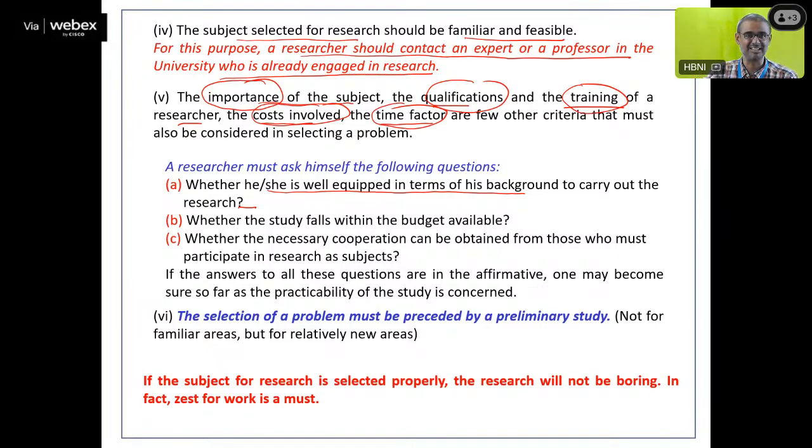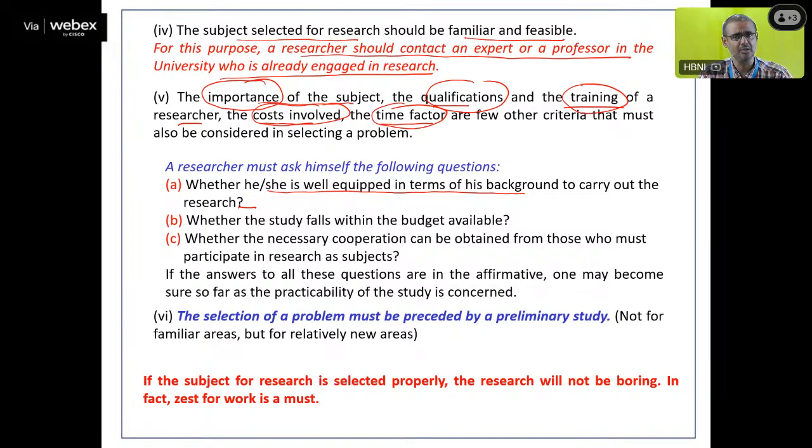I cannot do something which is exotic in physics. Okay, somebody can do, because I should not tell, okay, you cannot do. But okay, some sort of overlap should be there. Means my background and my topic or problem of research should have some overlap so that I can use my academic background to pursue my research career.